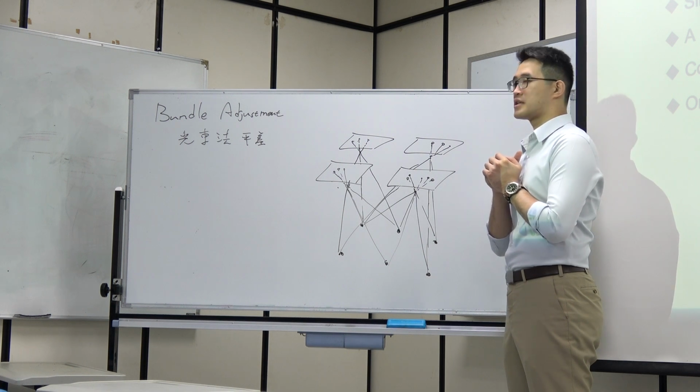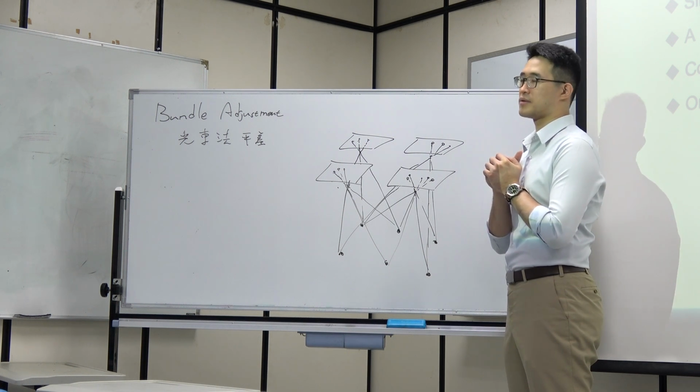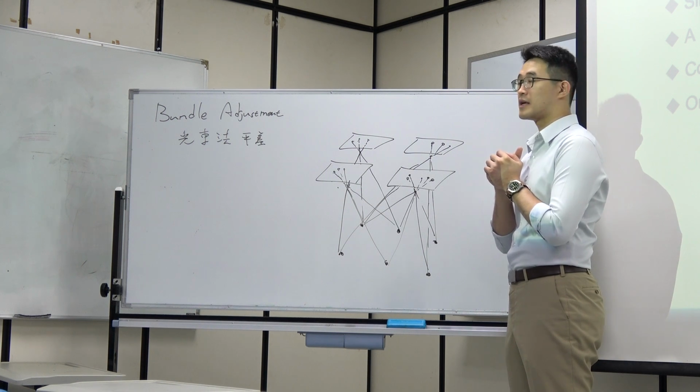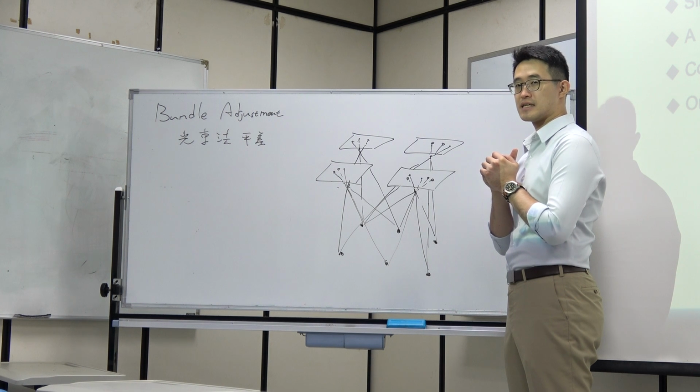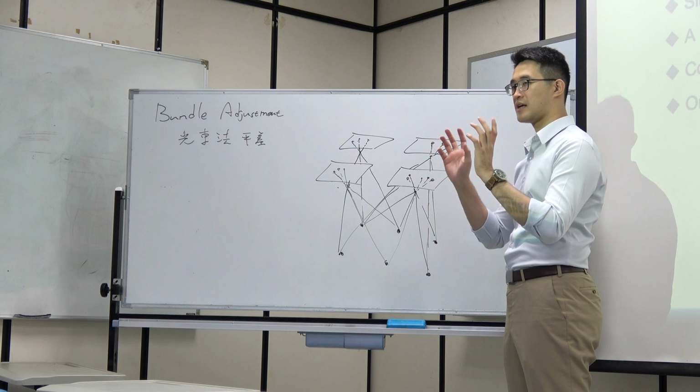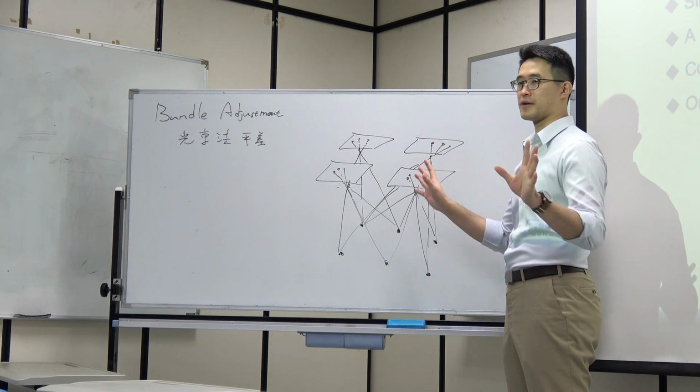Bundle adjustment is a solution that can help you obtain the camera location and orientation, and also the object space coordinates, in the meantime. Right? You just calculate at once, and you can get everything.